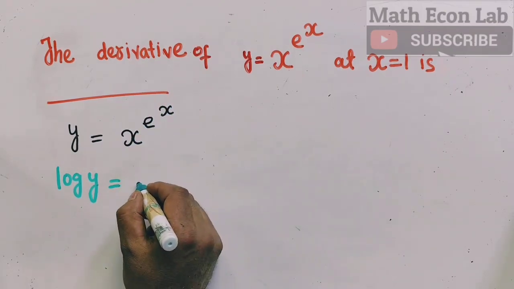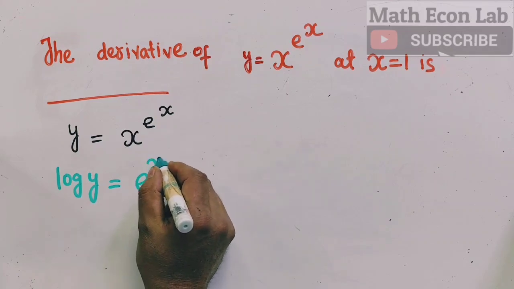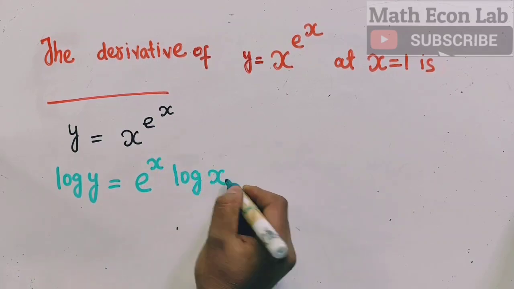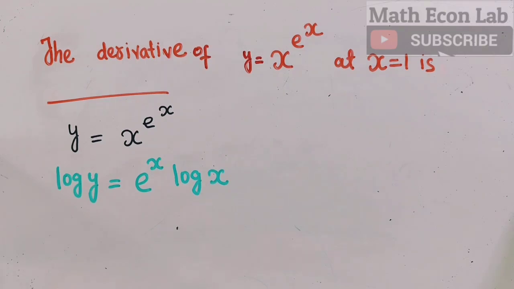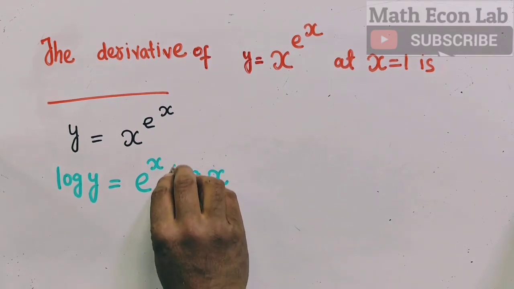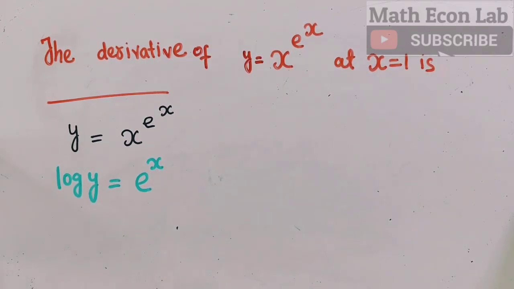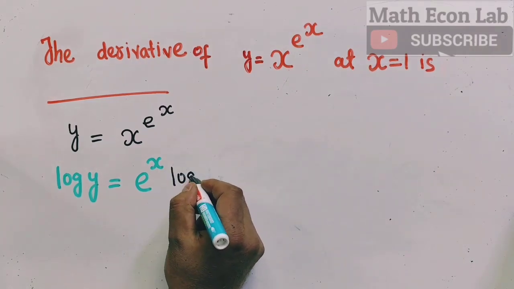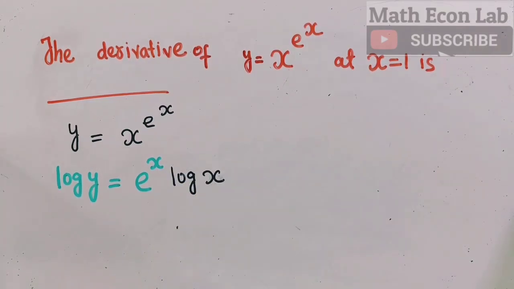So e raised to the power x will become the coefficient times log of x, okay. We have log of x here.